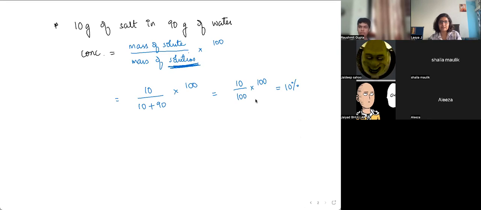You'll be given how much salt should be added in 200 ml of water to get a 20% solution. Those sort of questions. So you'll get slightly twisted questions, like you'll be given the concentration, you need to figure out the mass of the solute or mass of the solvent. You'll get some questions like that. We can get on that later.